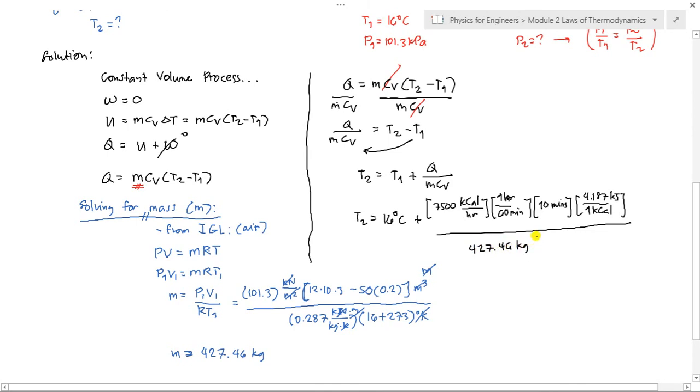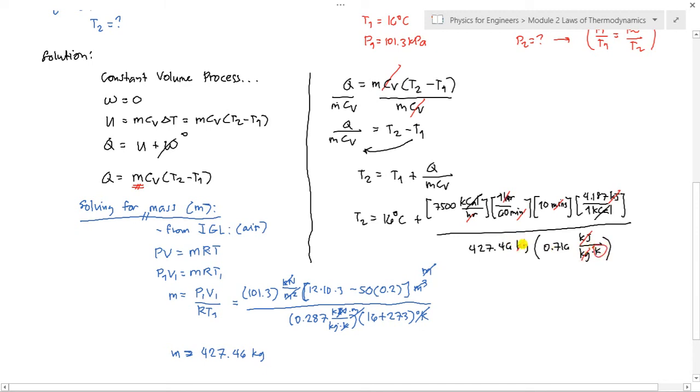All over, the mass here is 427.46 kilogram multiplied by the Cv of air, 0.716 kilojoules per kilogram Kelvin, or degree Celsius, anyway it is the same. The kilocalorie cancels, the hour cancels, the minute cancels, the kilojoules cancel, and the kilogram cancels.